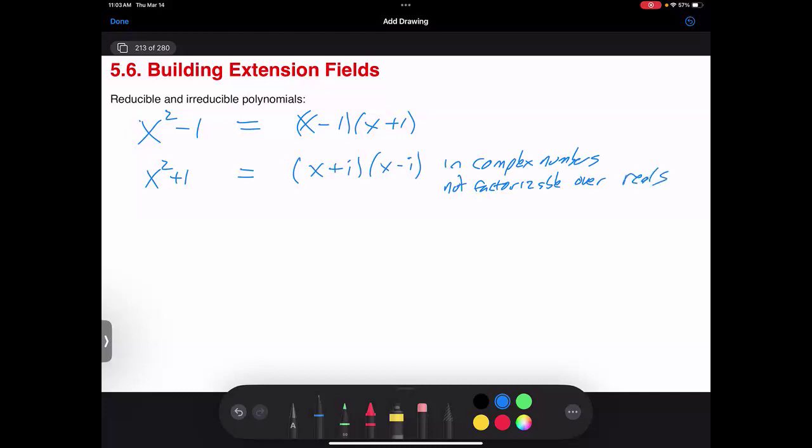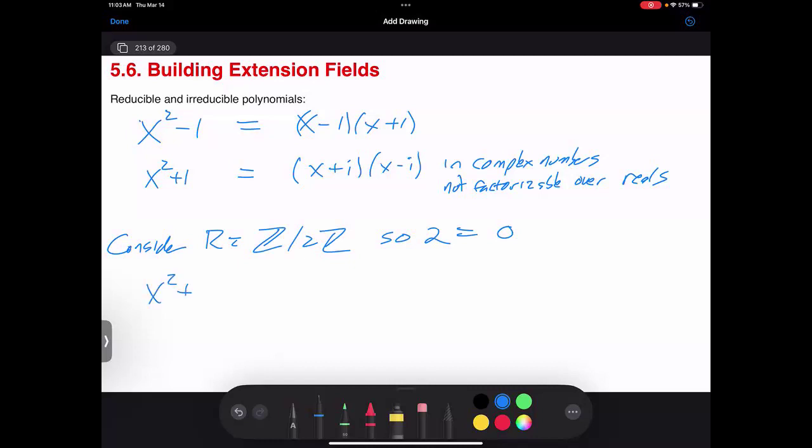There is another way to factor x squared plus 1 in another field other than the complex numbers. So consider R equal to Z mod 2Z. So what does 2 equal? 0.